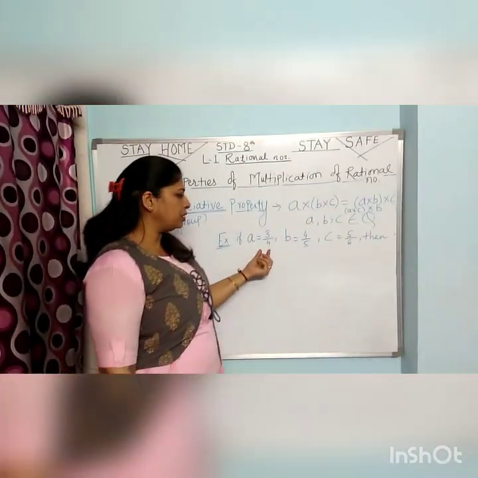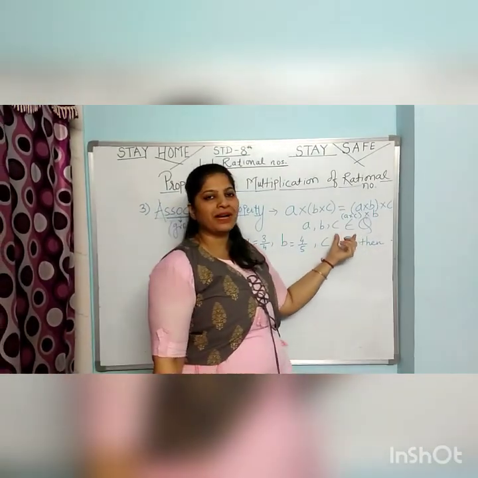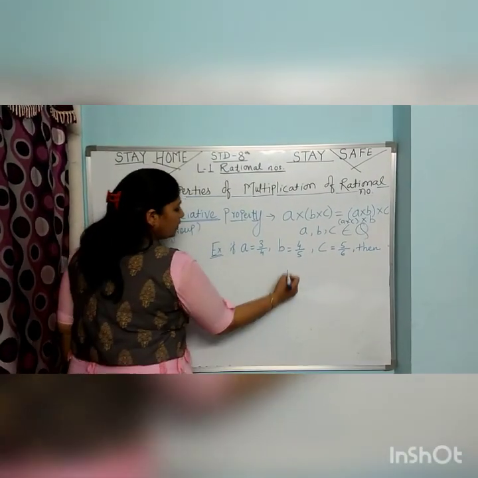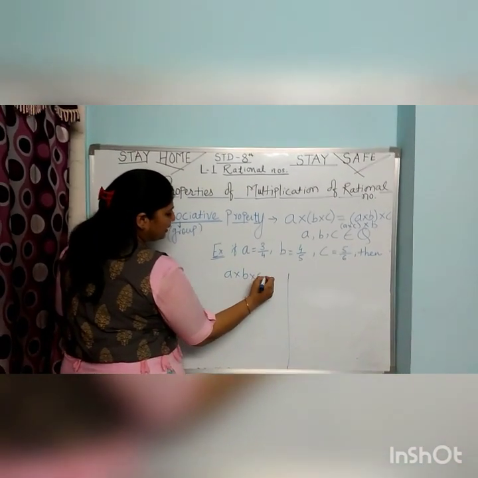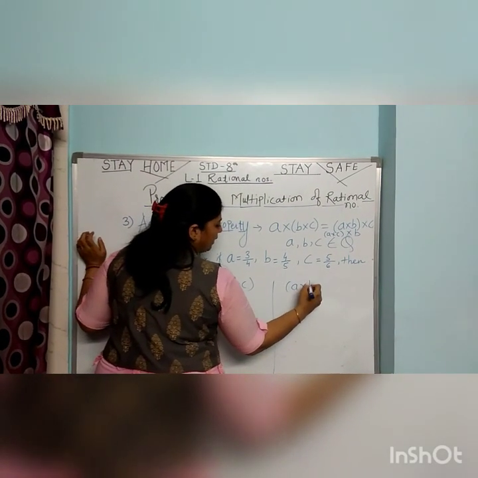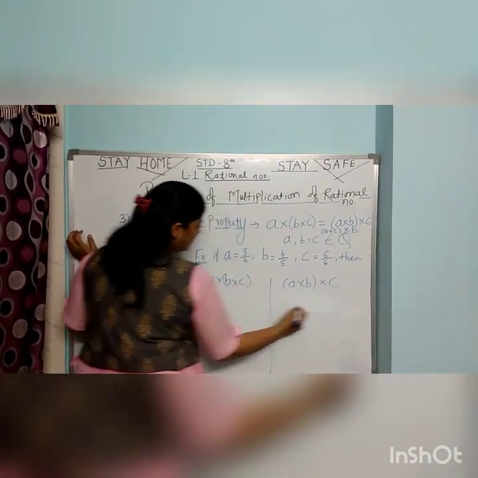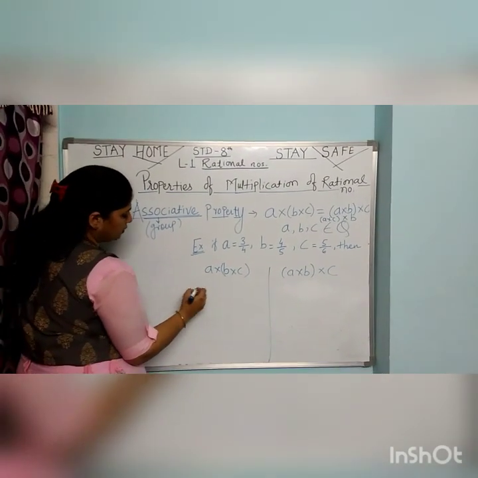If A equals 3 by 4, B equals 4 by 5 and C equals 5 by 6, then we have to show that (A multiplied by B) multiplied by C is equal to A multiplied by (B multiplied by C). This is your left hand side and this one will be your right hand side to verify.